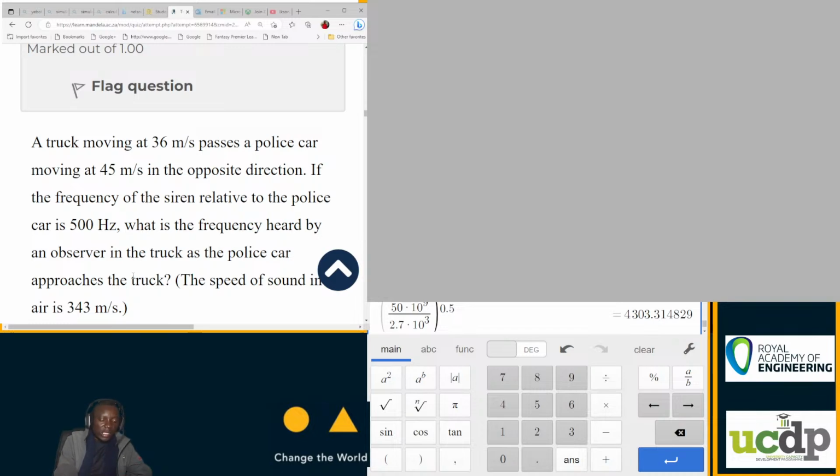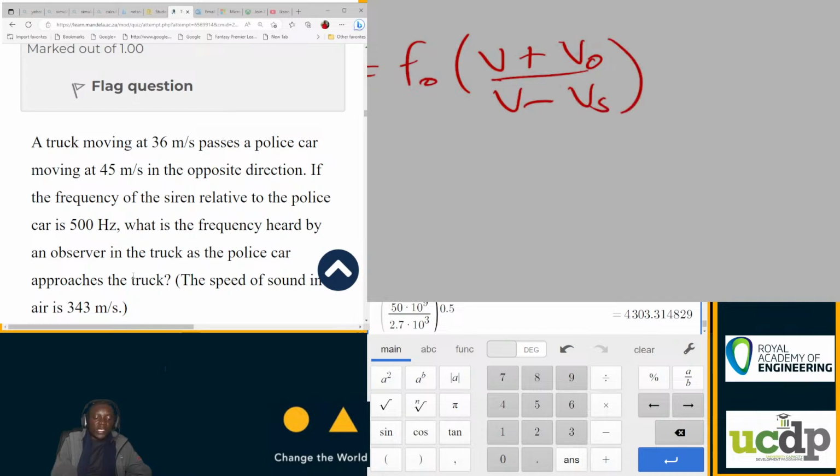Remember, we said we can find f by using f naught, times v, the speed of sound, plus v observer, over v minus v source. This is when the observer is moving towards the source. So the truck is moving at 36, then it passes the police car, which is moving at 45 meters per second in the opposite direction.